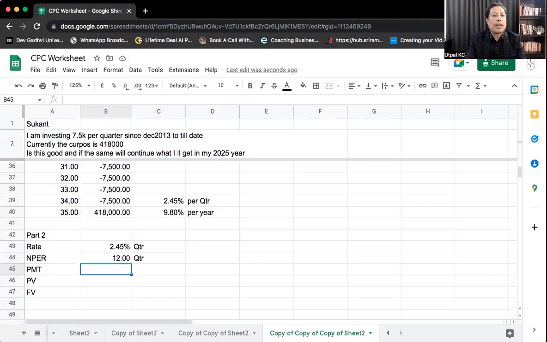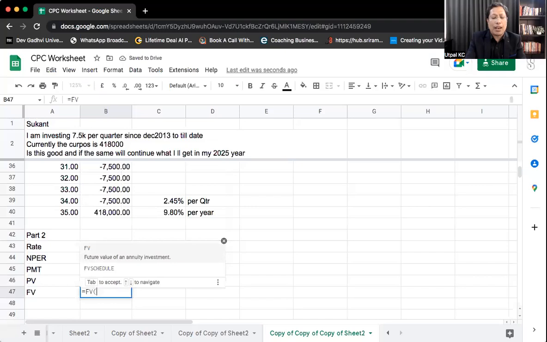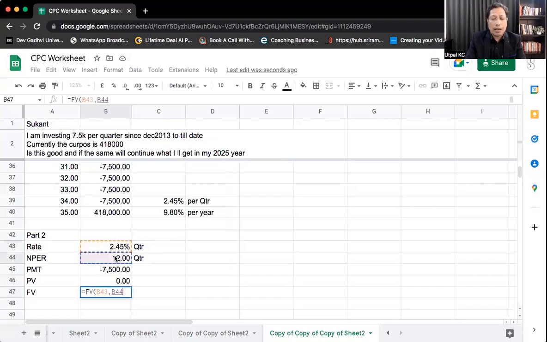Okay. PMT is same, minus 7,500. PV is 0, lump sum. So future value, very simple. FV, bracket starts, rate is this much, NPER is 12, PMT is this, PV is 0, comma 1. You'll be getting 1,07,200.